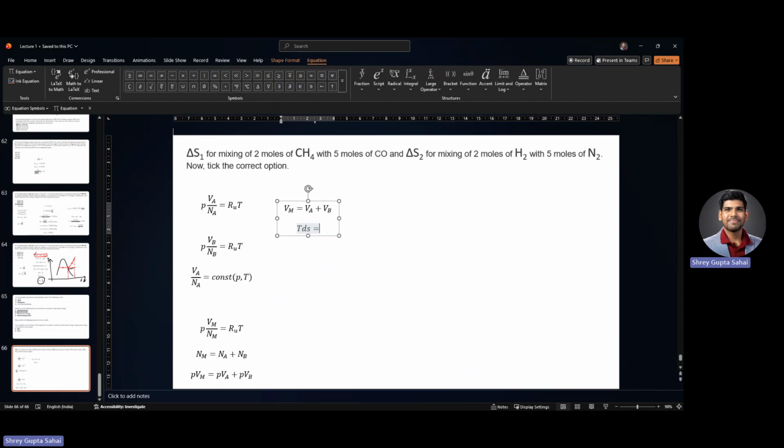For an ideal gas, this becomes Cp ln T2 by T1 minus R ln P2 by P1.